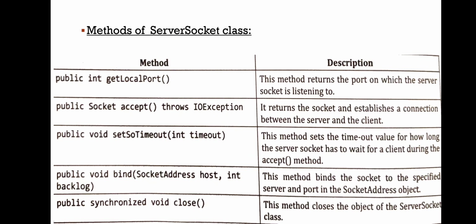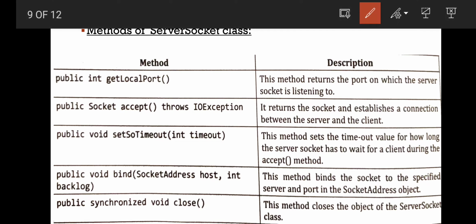So next we are seeing the methods of the server socket class. The first method helps to return the port on which the server socket is listening. The second method helps to return the socket and establish the connection between server and client.